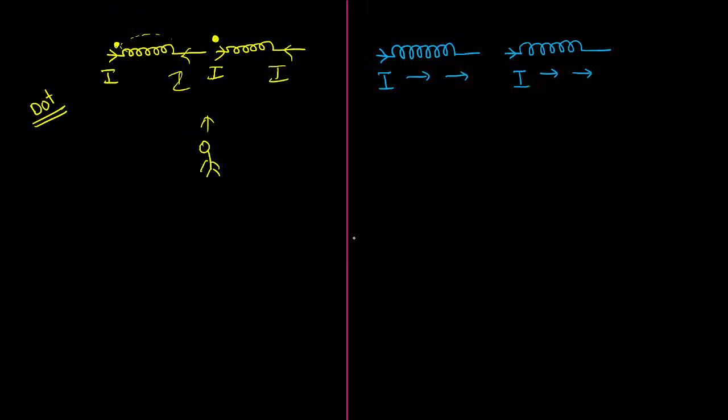Let me take the self-inductance as L1, self-inductance as L2, and mutual inductance from L1 to L2 as M. Again from this to this, one more M. So what is the total mutual inductance? Because of 1 to 2 and 2 to 1, the mutual inductance effect is always doubling. You might have observed the value of mutual inductance always multiplied by a factor of 2.